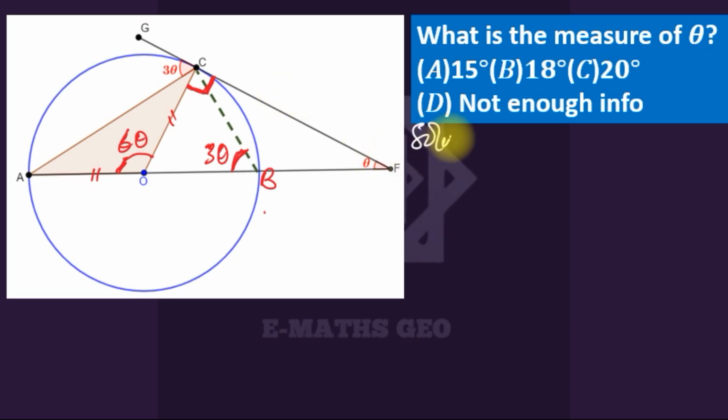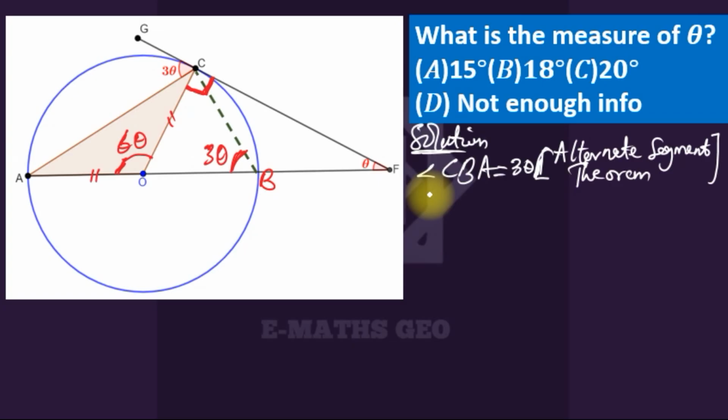Let's just state the process. The first thing I noticed is that angle CBA is 3 theta. Angle AOC, that's the central angle, is 6 theta.